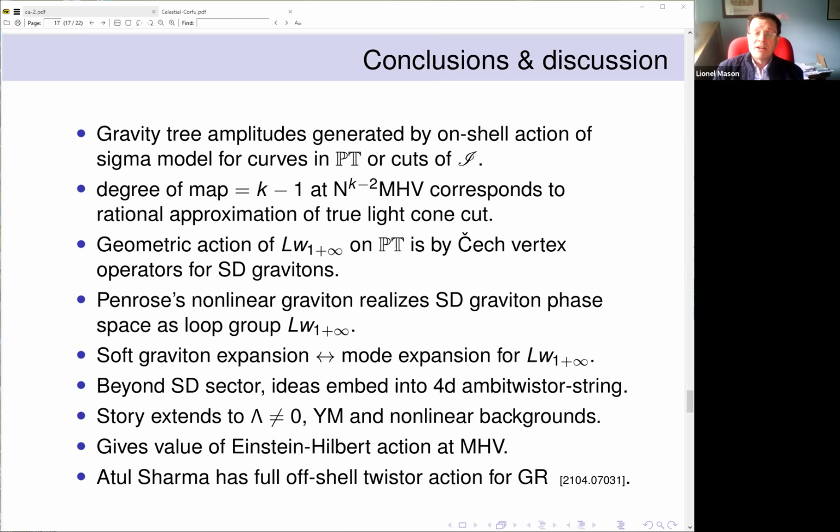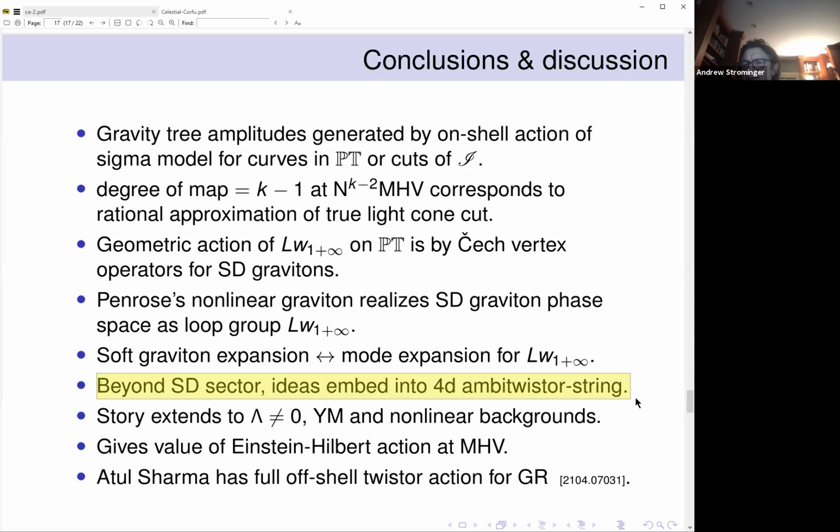I mean, the comparisons. There should be two W1 plus infinities, one for the holomorphic and one for the anti-holomorphic. And it's possible we're actually studying the opposite ones. Okay, yeah, we should probably understand this offline, but I think we might be studying the opposite ones.